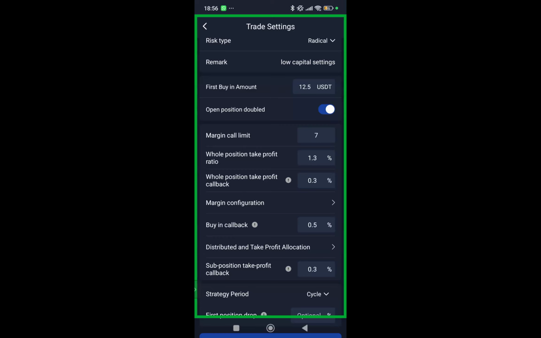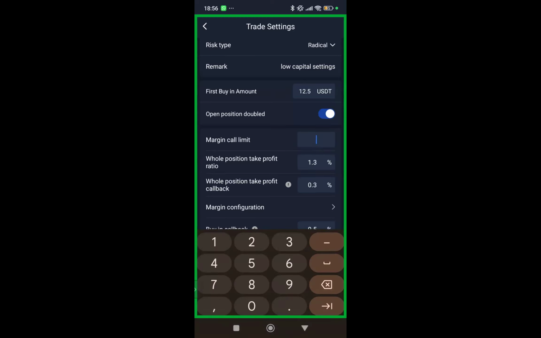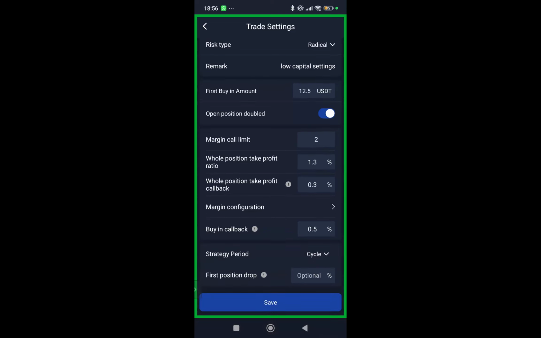Now for margin call limit, how many did we agree we are using for low capital? 2 and 4. Margin call limit refers to how many of those lines you want to see when you go to margin configuration.